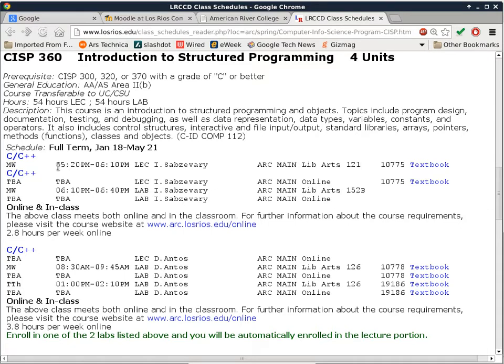But if you look at the lecture time, it is broken up into 2 pieces. This is the first piece, which is only 40 minutes, but it has the same number of units as this class for lecture. So that means half of the lectures are quote-unquote online. You will have to watch the video, read the textbook and do the studying on your own for the other half of the time.